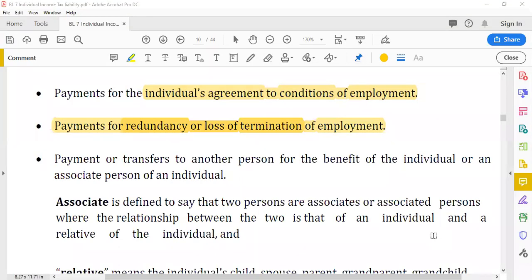At that time, the company may face a lot of issues. Therefore, to avoid that kind of bad circumstances, they give a sort of amount to that employee. That amount also should be treated as income from his employment.